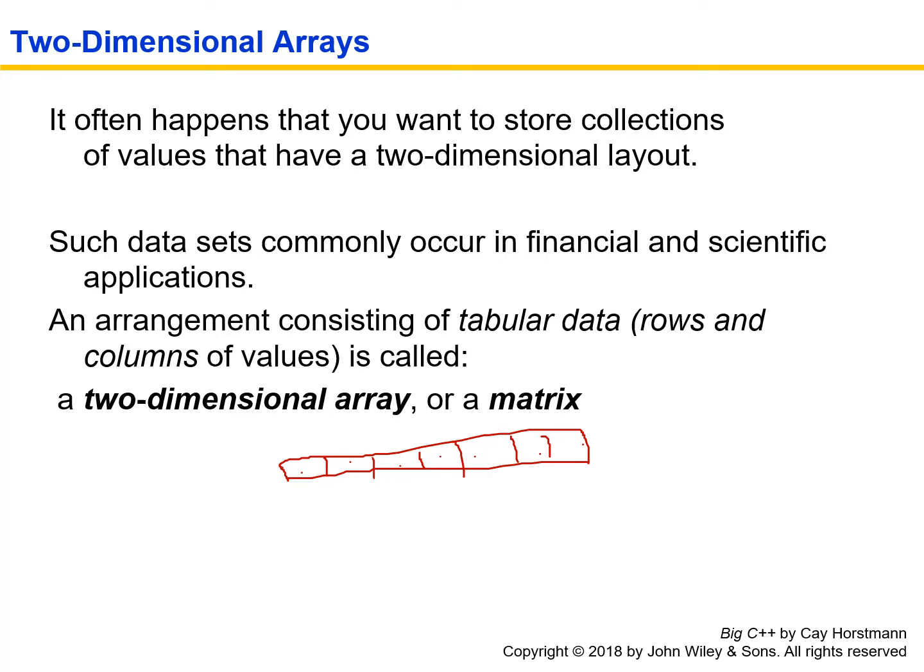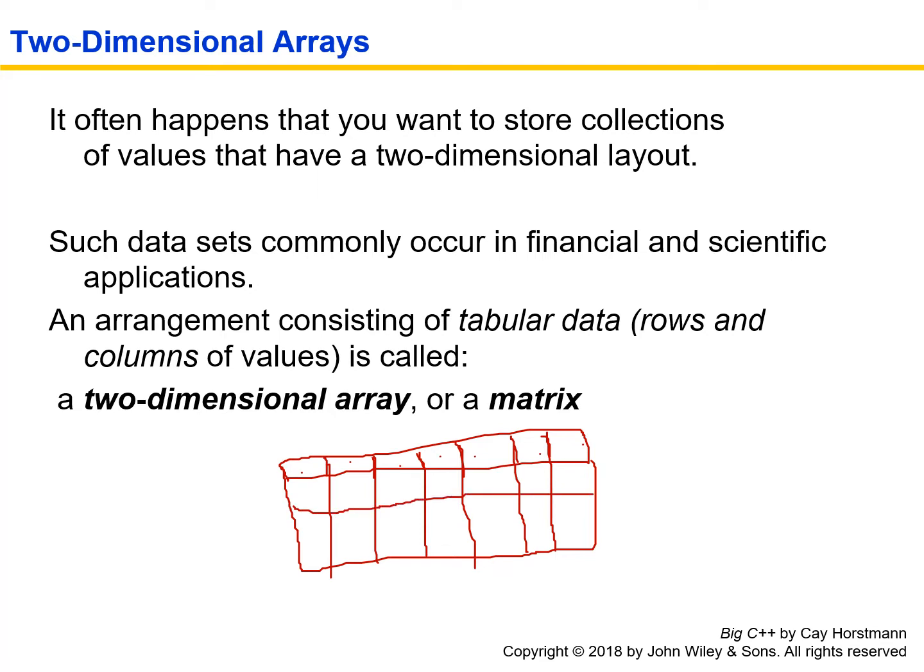But what if we had a second dimension to our data and we wanted to store data that made up a table of some sort? This might be sales figures broken up by sales division on one side and month or quarter on the other.